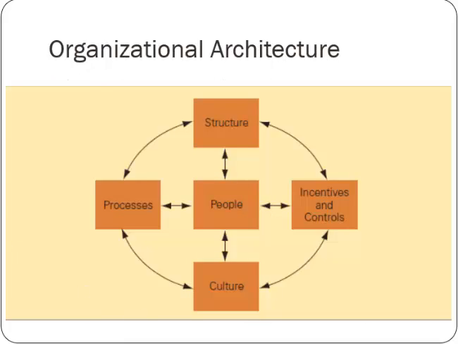This is just a little diagram over here, pretty simple. The people really control everything in terms of the structure of the organization, how it's run. The incentives control how people are given incentives to perform better and who controls them. The culture of the organization, the processes of the organization, they're all run by the people, but they are all critically important to the success of an organization.